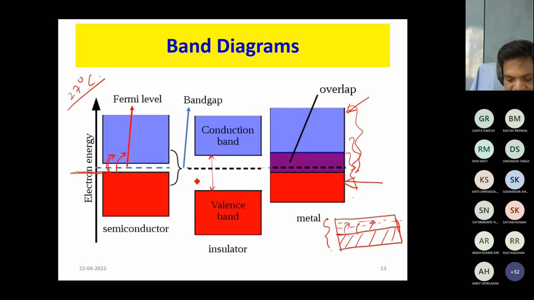As per this, you can see the Fermi energy state is available just at the center of the forbidden gap.